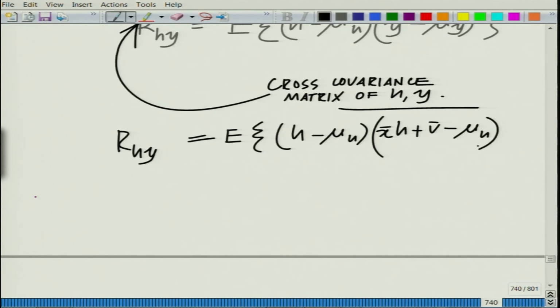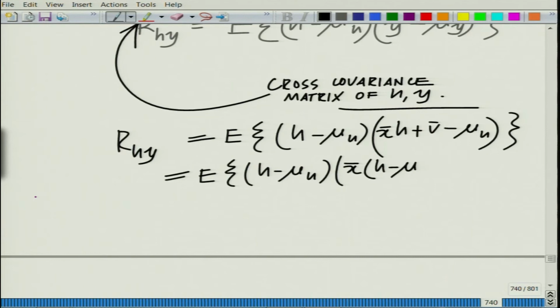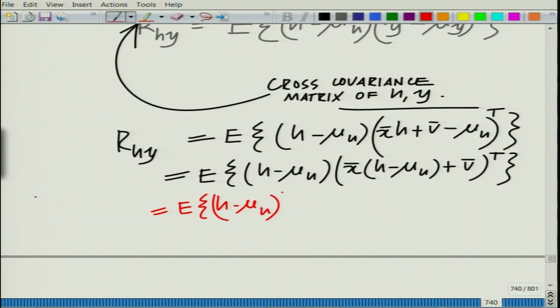This is essentially equal to (h minus mu_h) times (x bar (h minus mu_h) plus v bar) transpose, which is equal to expected value of (h minus mu_h) square times x bar transpose plus expected value of (h minus mu_h) times v bar transpose.